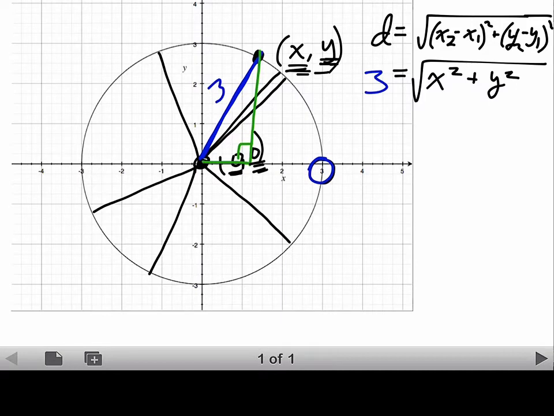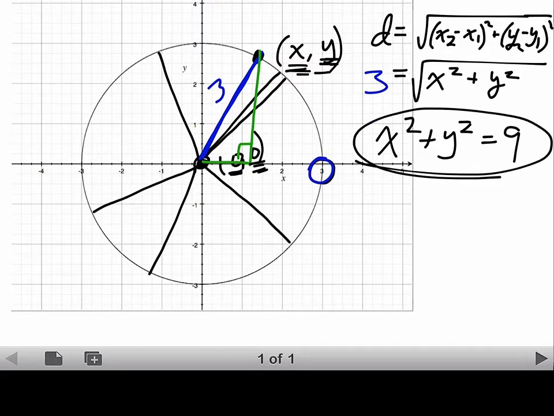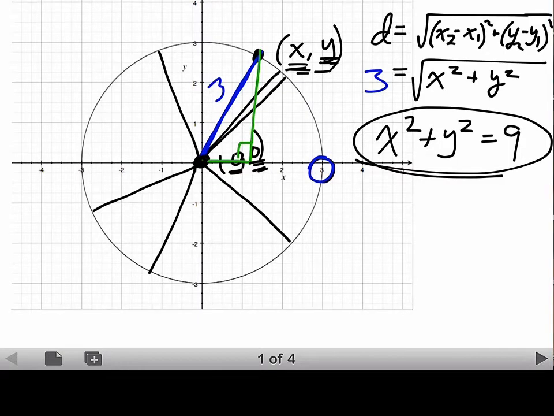And squaring both sides, flipping the thing around, we get x squared plus y squared is equal to 9. And that's the equation of a circle whose center is at the origin. Notice that this is the exact same equation we would have gotten using the Pythagorean theorem, x squared plus y squared is equal to 3 squared.